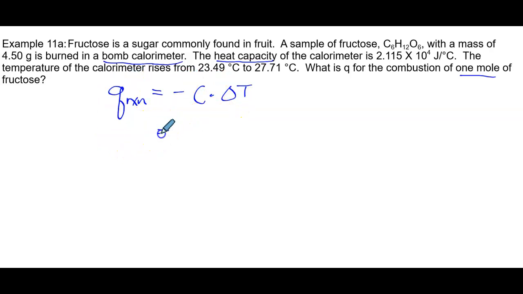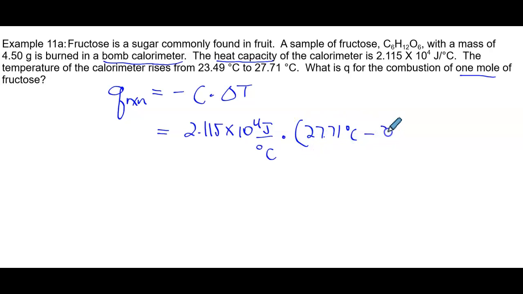So we are going to take the heat capacity, 2.115 times 10 to the 4th joules per degree Celsius, times your change in temperature, 27.71 degrees Celsius minus 23.49 degrees Celsius. I accidentally forgot my negative, so you always want to double check. That's why I noticed it.